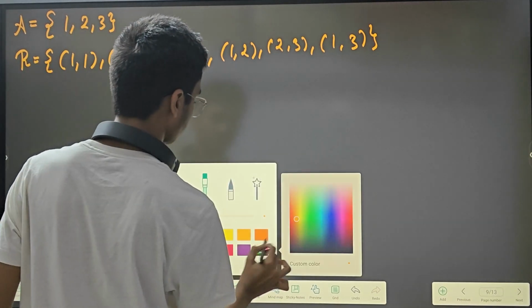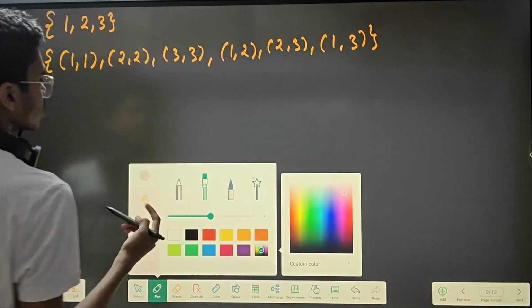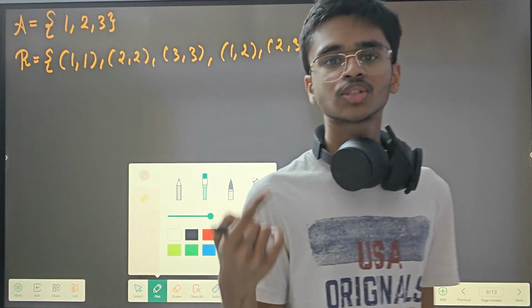And the question is that we have to find whether this is transitive or reflexive or symmetric.